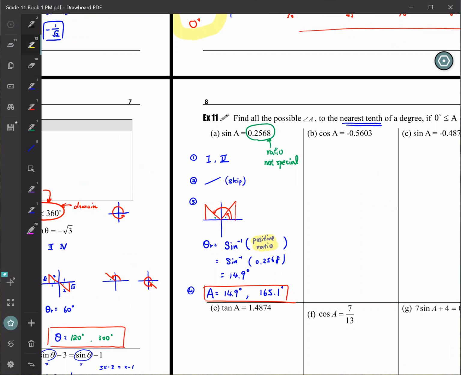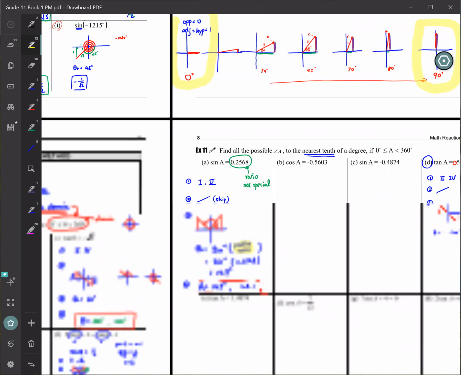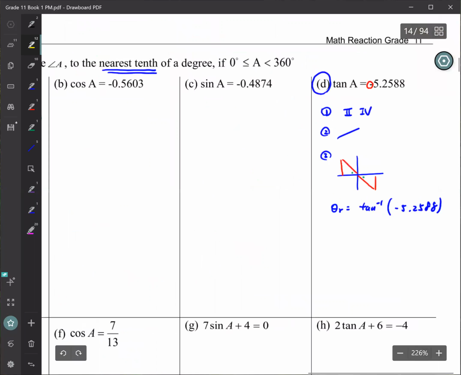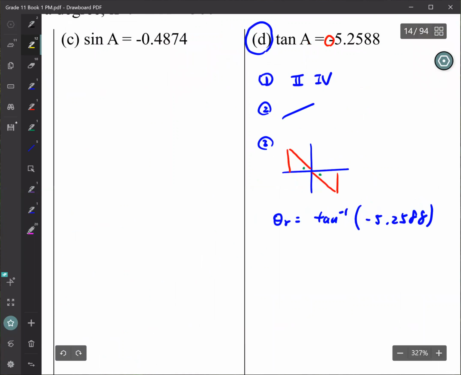If you put something negative, sometimes the reference angle will come out to be more than 90, because it will give you the first answer, which is not useful to help us find the answer. So make sure the number you put inside has to be positive. It's for finding the reference angle.